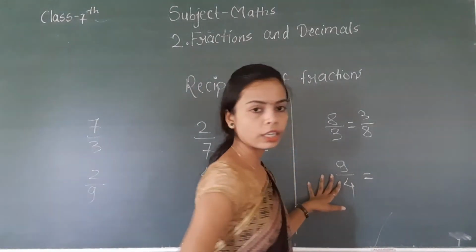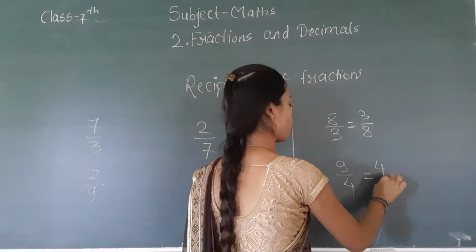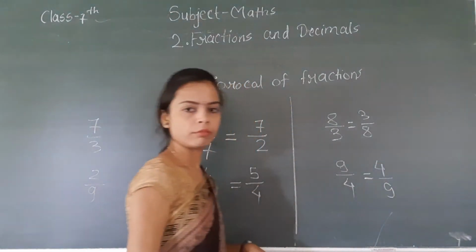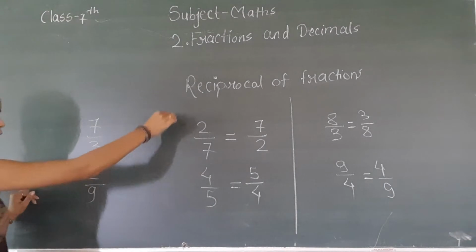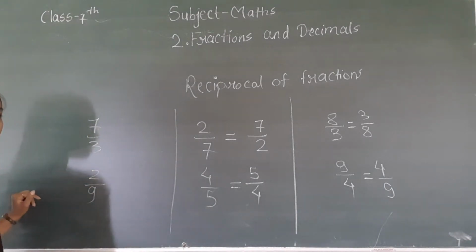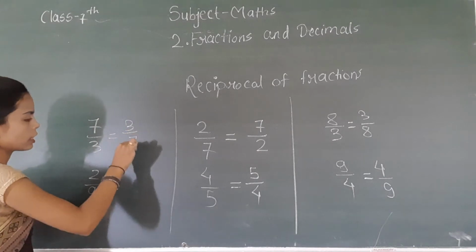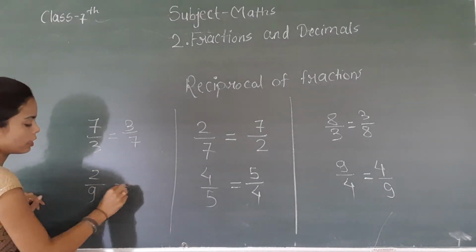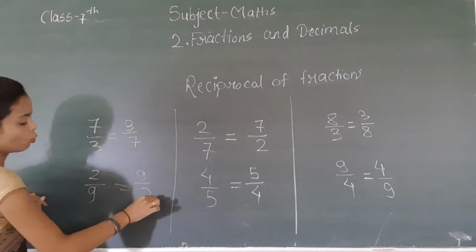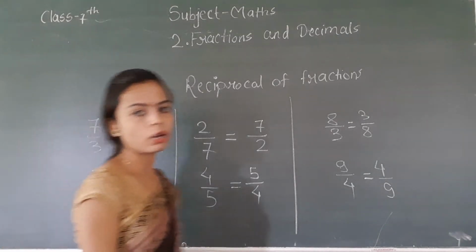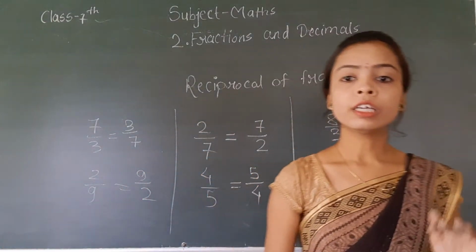The reciprocal of 9 upon 4 is 4 upon 9. The reciprocal of 7 upon 3 is 3 upon 7, and the reciprocal of 2 upon 9 is 9 upon 2. So in this way we can find the reciprocal of any number.